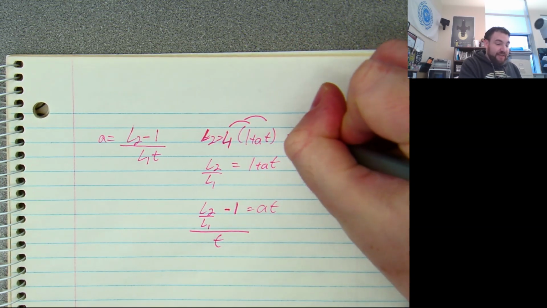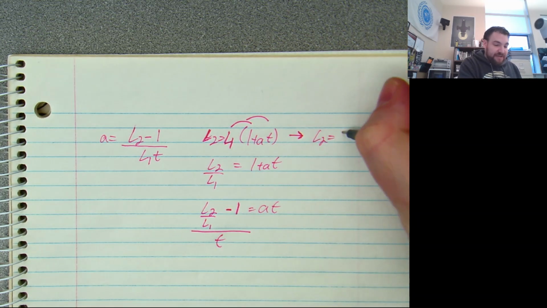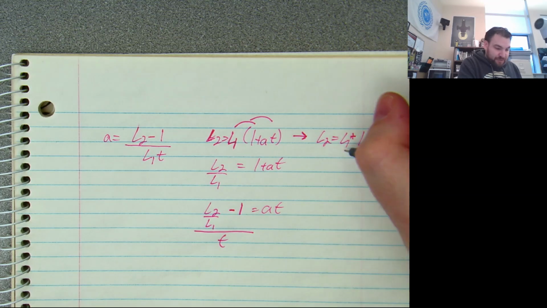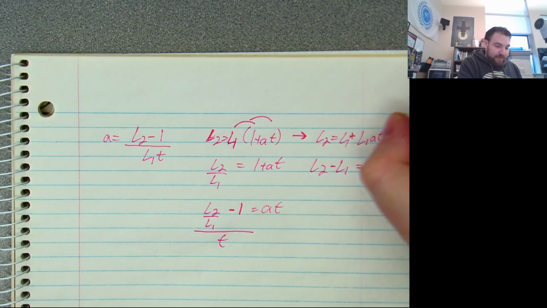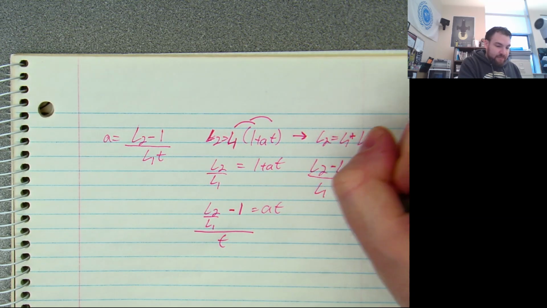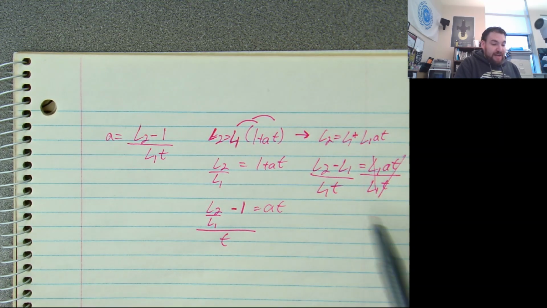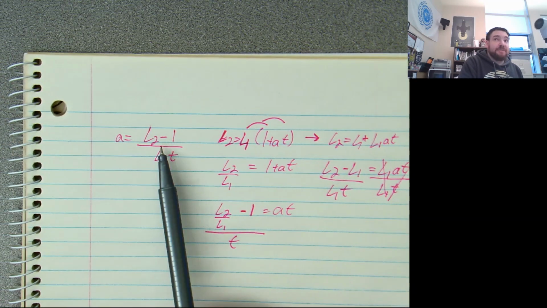If you distributed it instead of divided it over, you get L2 equals L1 plus L1AT. Then you'd subtract the L1 over, you get L2 minus L1 equals L1AT, and then you divide by L1 and T on both sides. They cancel there and there. And then you'd get A equals L2 minus L1 over L1T, which is very similar to what you got.